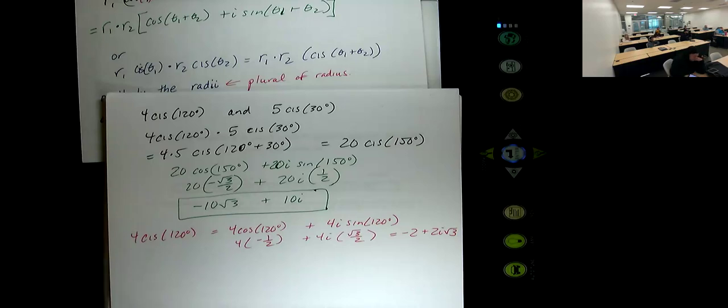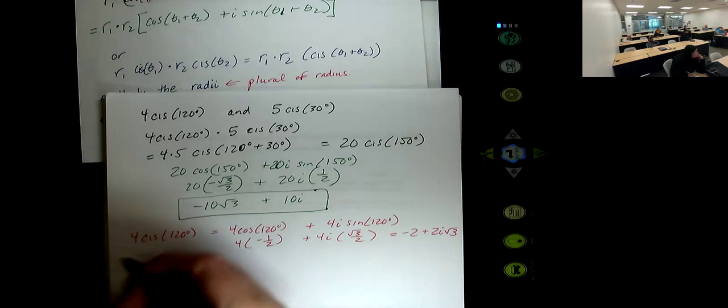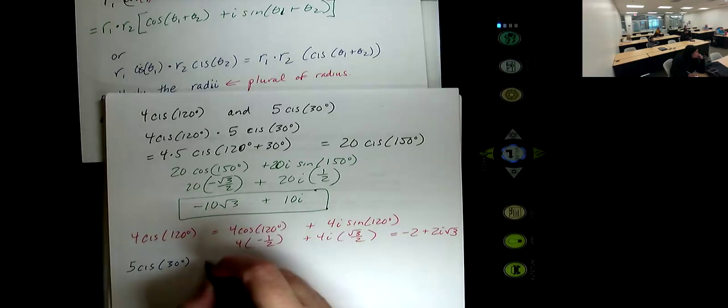And let's shift 5 cis 30 over. We're just verifying at this point, showing that it works.